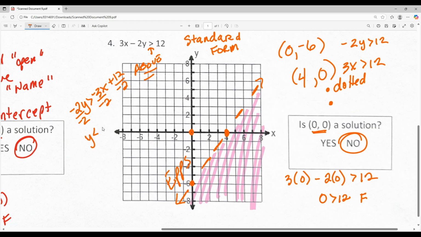So y is less than 3 halves x minus 6. So now this is saying below. Anytime there is a negative coefficient with the y, remember you're going to flip the inequality symbol. Does that make sense? Now, if you can't remember that, put it in slope-intercept form. Okay?